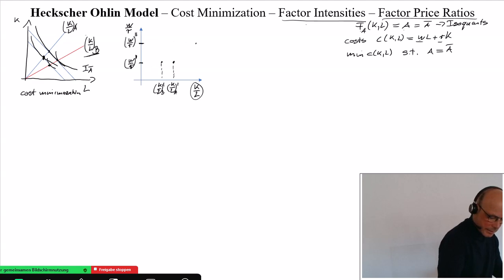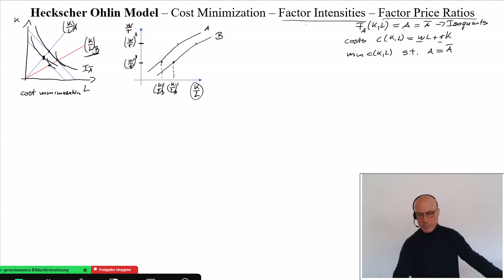Let's say here and here. So we obtain these two dependencies of A and B in this relative factor price versus relative factor intensities.